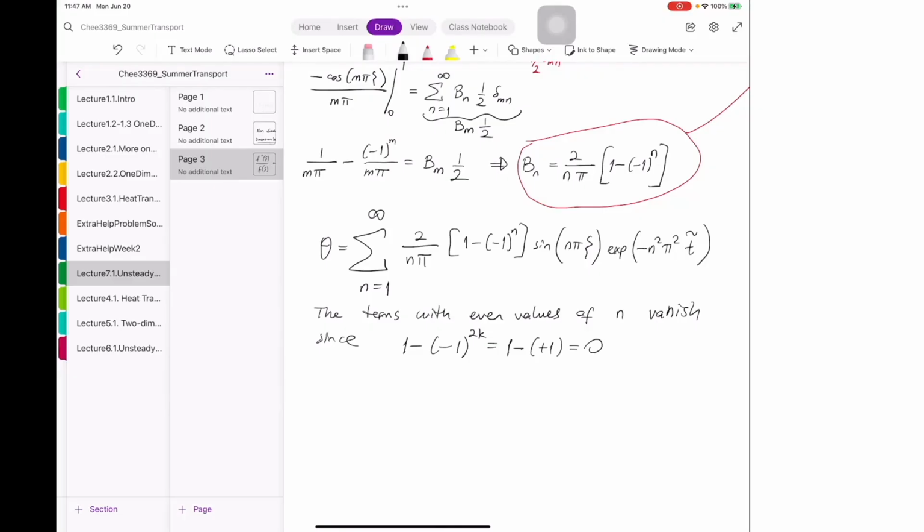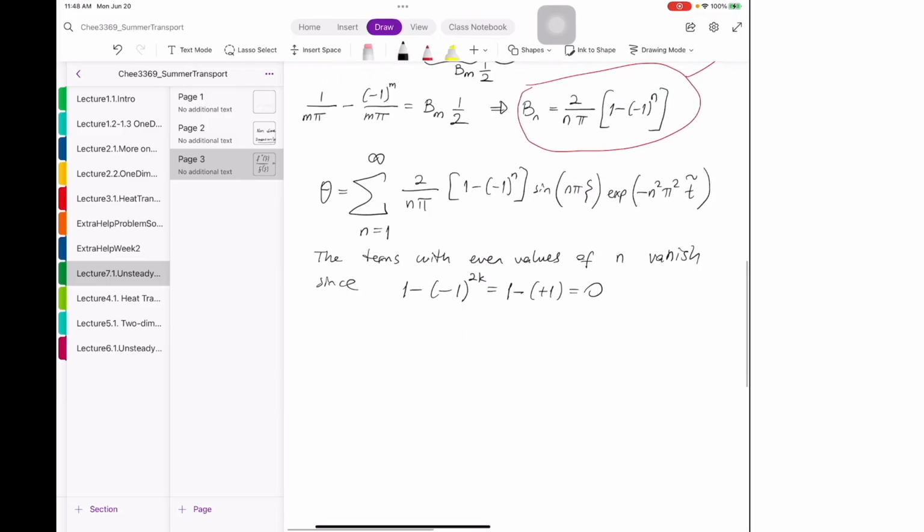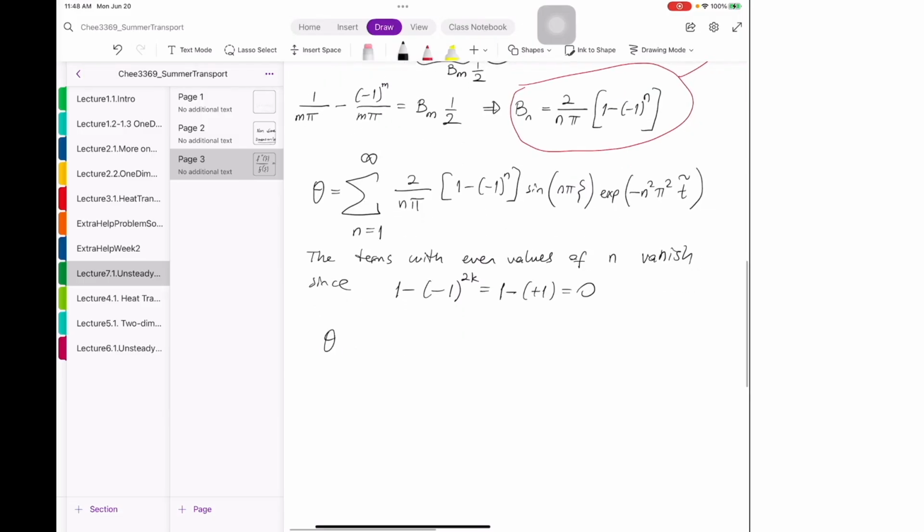So it's only the odd values of n which survive. So you get theta is equal to sum from k equals 1, 2 divided by pi times 2k minus 1. For k equals 1, you get the first odd number.